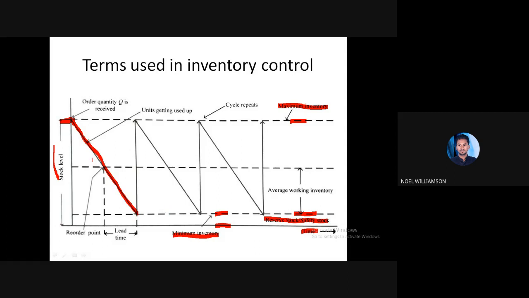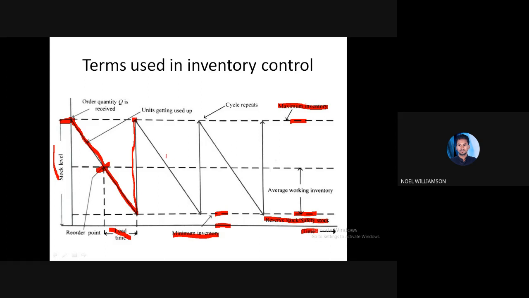So what we do is, at this particular point, which is the reorder point, we make the order so that the production will start, and after this particular time, that is the lead time, it will be available and filled up to the maximum point.